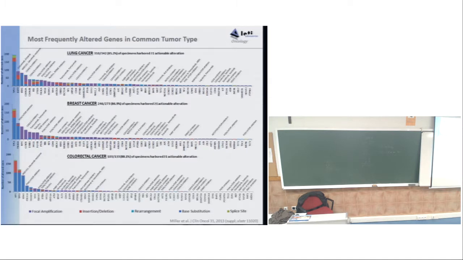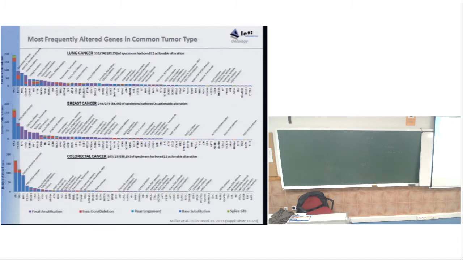So what we have now is very high throughput techniques that allow us to know all the molecules that are altering a given disease. This is an example of what has been done in cancer. You can see here different types of cancer and different types of genes that are mutated in each specific cancer.